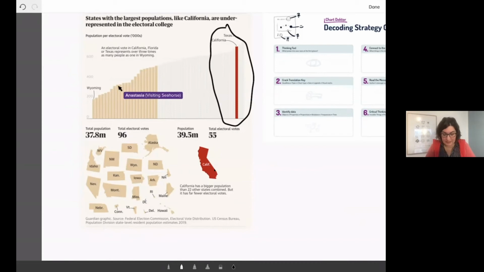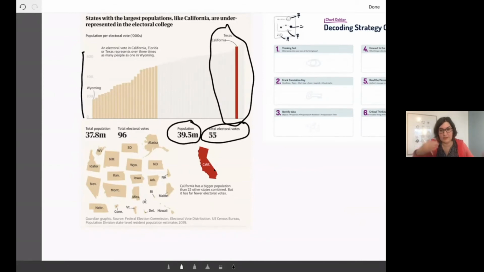And then it was a little bit of mental load to read the y-axis, because this is a rate, how many people are there for one electoral vote. And this is a little bit more abstract than just showing what they show down here, population, total electoral votes. So this is much easier to grasp in a few seconds, but still it's graspable.